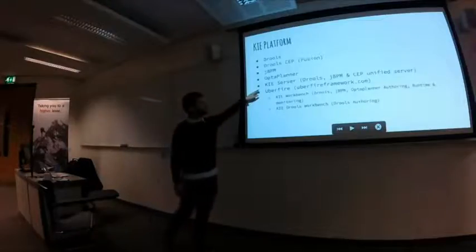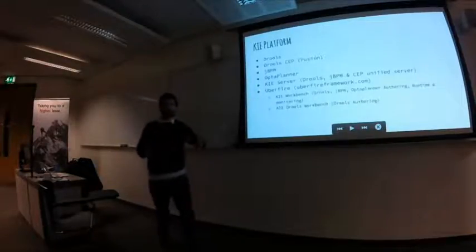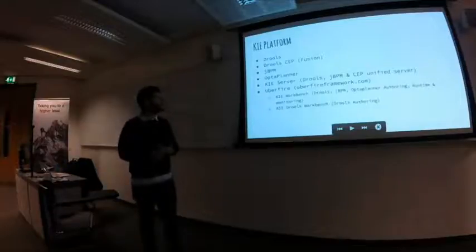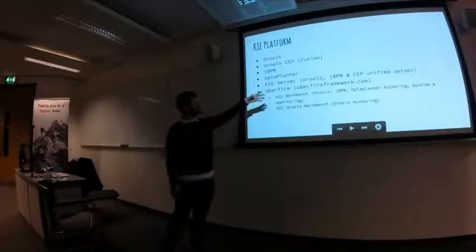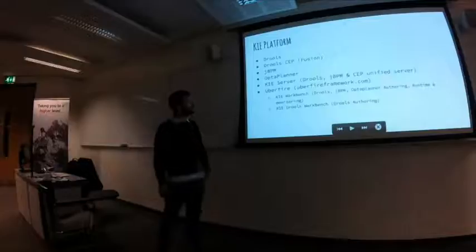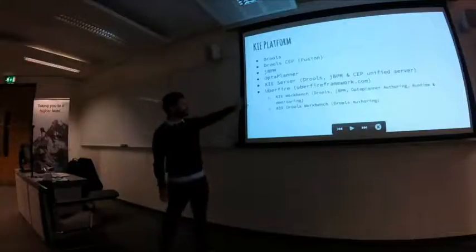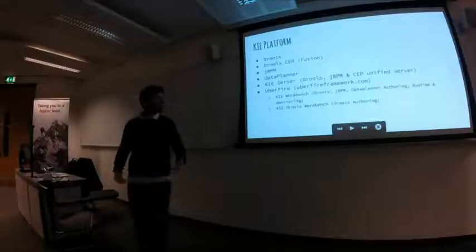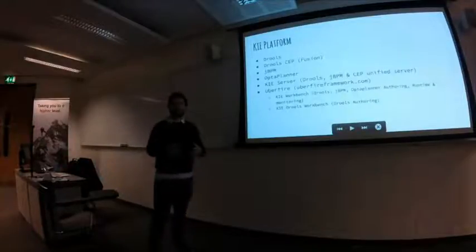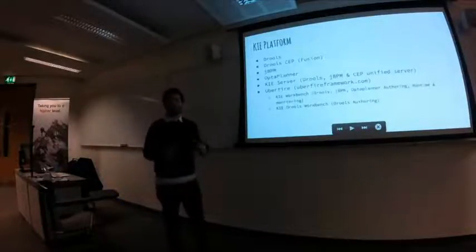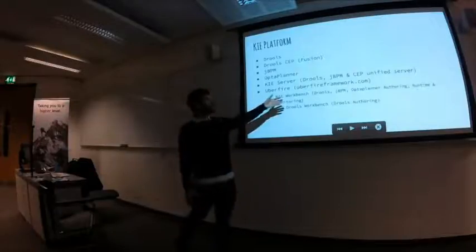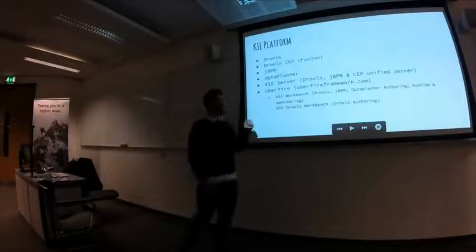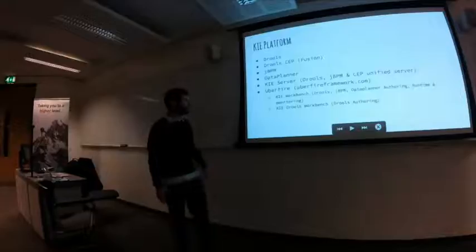We have the server, which is basically a web application with some service endpoints to call rules, process, and event endpoints. And then we have all the tooling on top of this framework, called Business Central, which basically gives you a workbench environment where you can have a web IDE, where you can design your rules, design your processes, and then create runtimes for those processes.